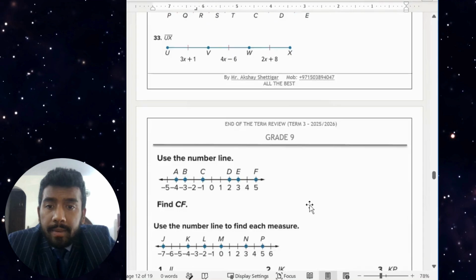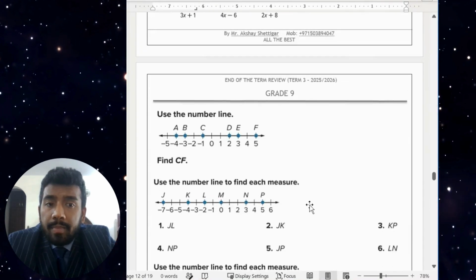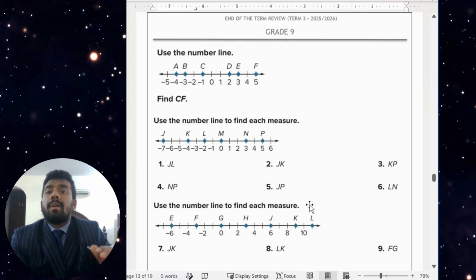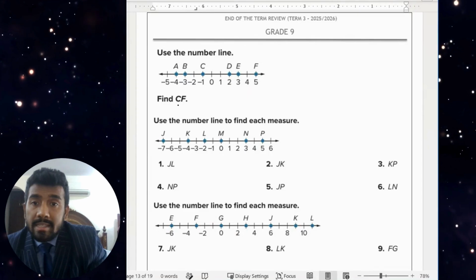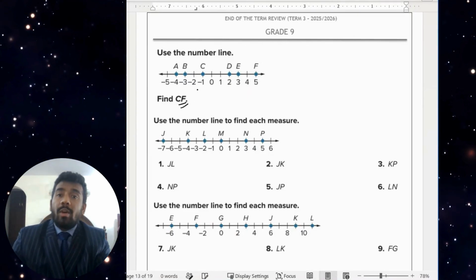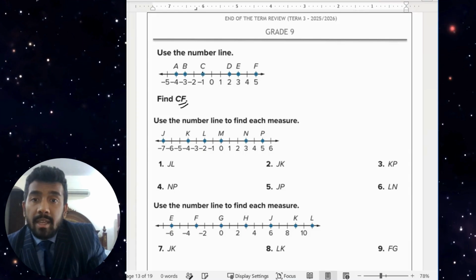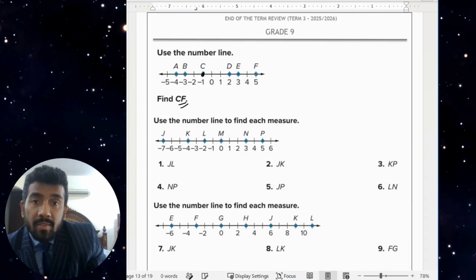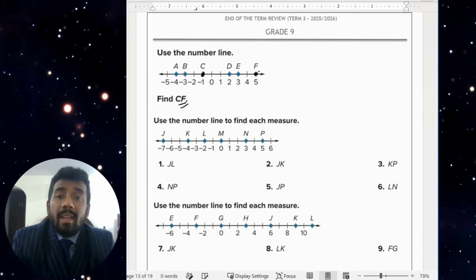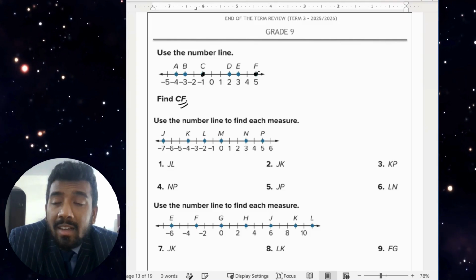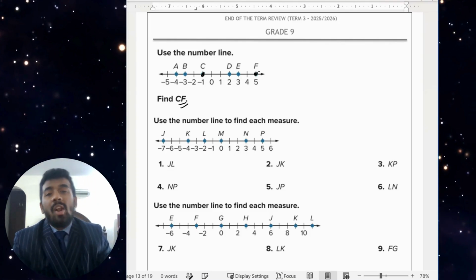Okay, let's go to the next one. Now here, what they say: use the number line and find CF. What do they want? CF. Now make sure, how do you find CF? Where is C and where is F here? Now there is an easy way, and one way which is like a small baby way.